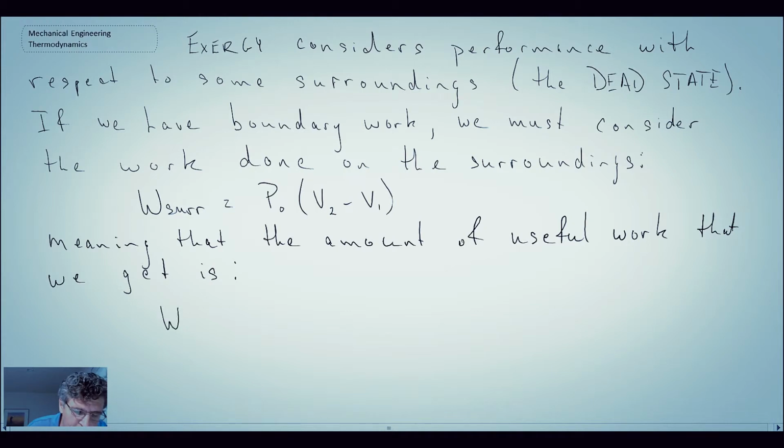So the amount of useful work that we get, and we'll denote that with a W subscript U, is equal to the work minus the work that we do on the surroundings.